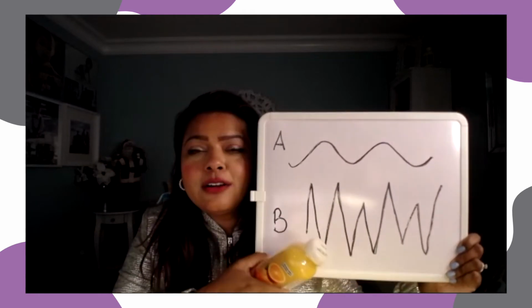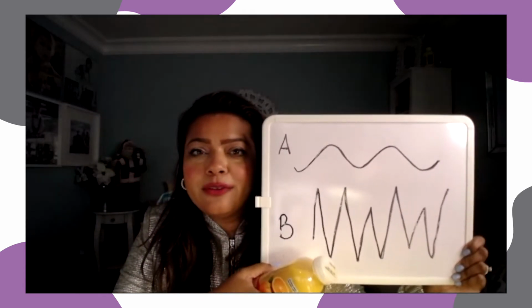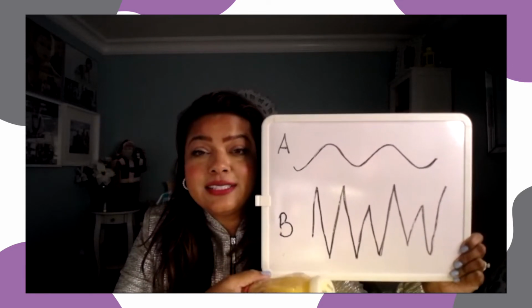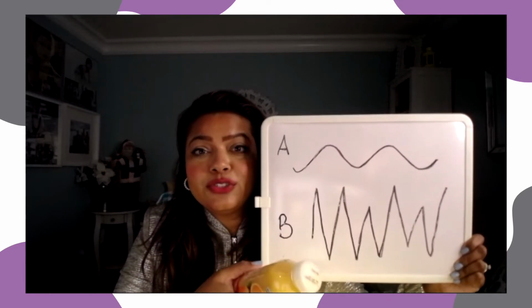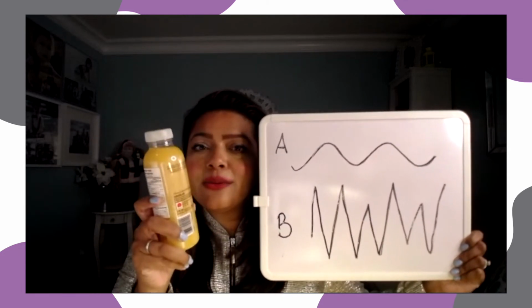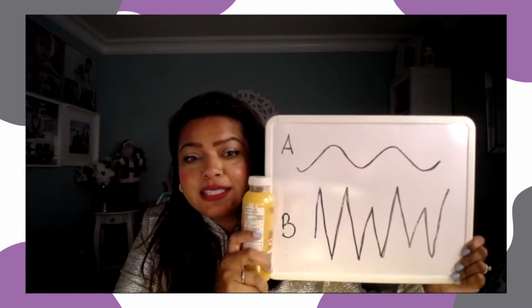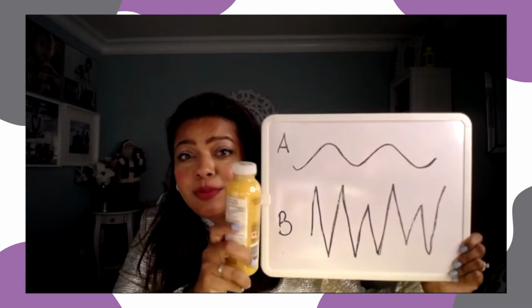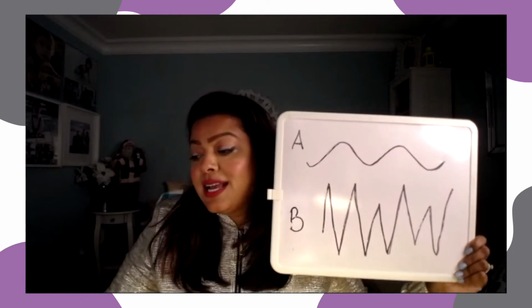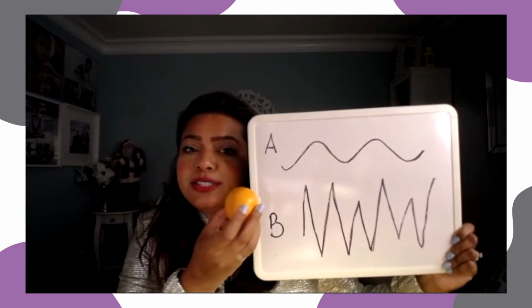What we talk about in science is something called bioavailability: how quickly can a food be digested so that its nutrients are in the bloodstream quickly? And the orange juice is just like the white bread. It's going to be released quickly into the bloodstream. There's not much that your body has to do to break this down. So you'll have B happening with the juice, and by extension, the opposite is true for the orange.